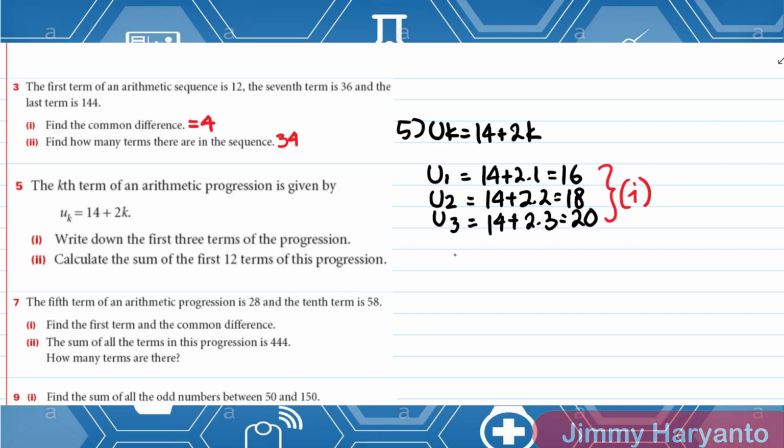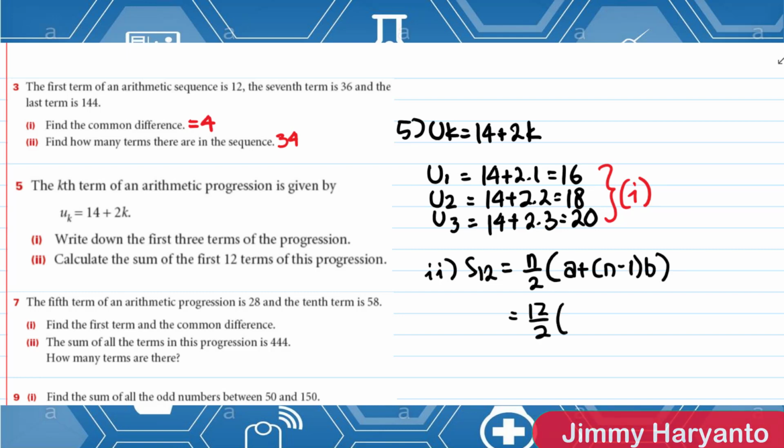And then the answer for part two is the sum. It will be the sum of 12 terms, S12. S12 equals n over 2 times A plus n minus 1 times the difference. So it will be 12 over 2 times A, where A is the first term, which is 16, plus 12 minus 1 times B. The difference between 16 and 18 is 2, and between 18 and 20 is also 2.